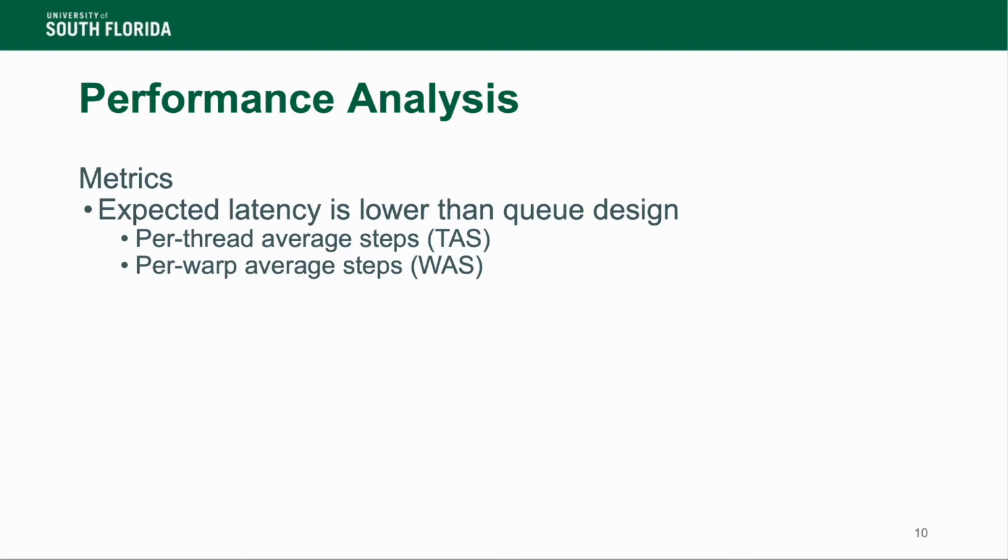The results show that the correlation coefficient between TAS and the total running time is 0.9, and that for WAS is 0.96. This shows that WAS is a statistically better indicator of total running time, and both metrics are still good representations of latency.